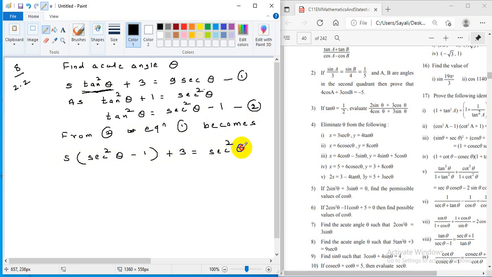So now everything is in terms of sec theta. So now I can simplify this. It will be 5 into sec squared theta minus 5 plus 3 is equal to sec squared theta.